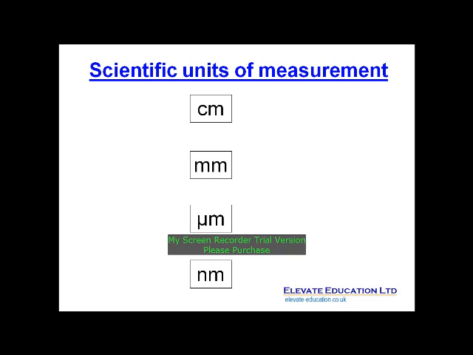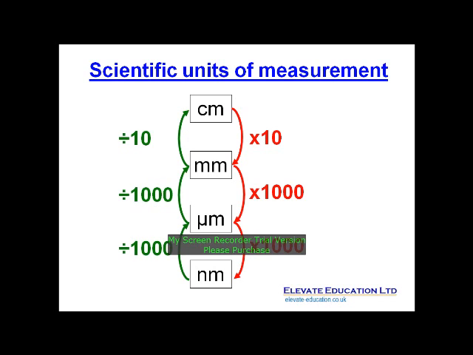If we wish to convert centimeters to millimeters, we multiply by 10, but to convert millimeters to micrometers we have to multiply the measurement in millimeters by 1,000, and the measurement in micrometers by 1,000 to turn it into nanometers. To turn nanometers back to micrometers and in turn micrometers into millimeters, we do the reverse operation, we divide.